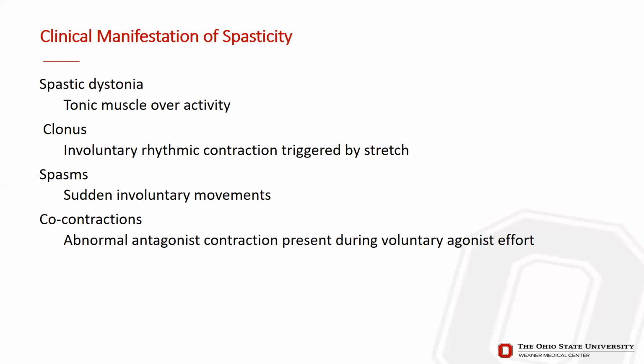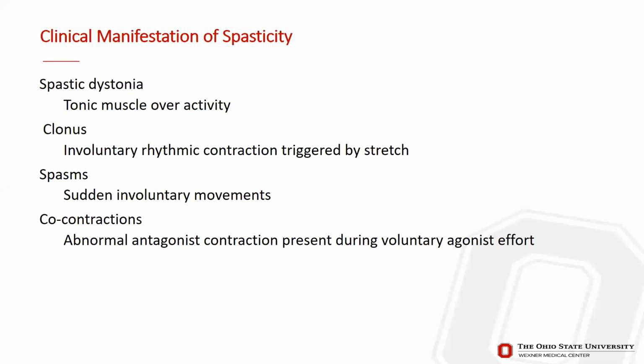So some of the clinical things that we look at, like I was talking about, are dystonias. There's something called spastic dystonia, which is that tonic muscle with overactivity of the muscle. There's the clonus, like I had talked about with the shaking. And then there are spasms, which people will say, well, I have spasms randomly. Those are just sudden involuntary movements, like all of a sudden their muscle will contract.